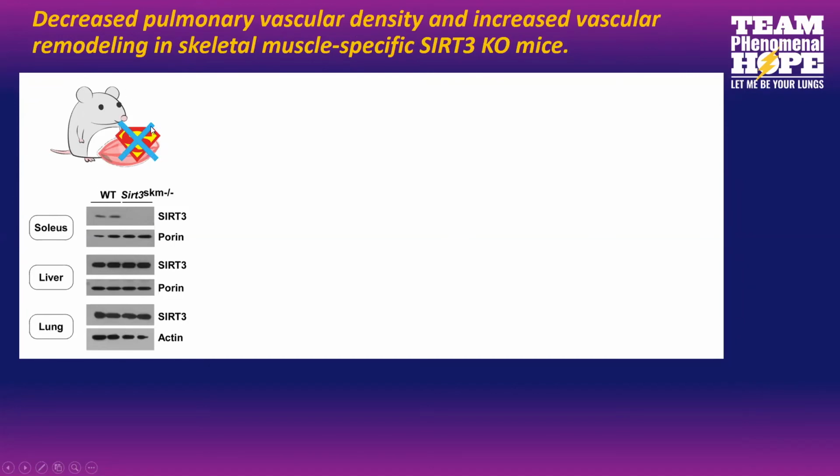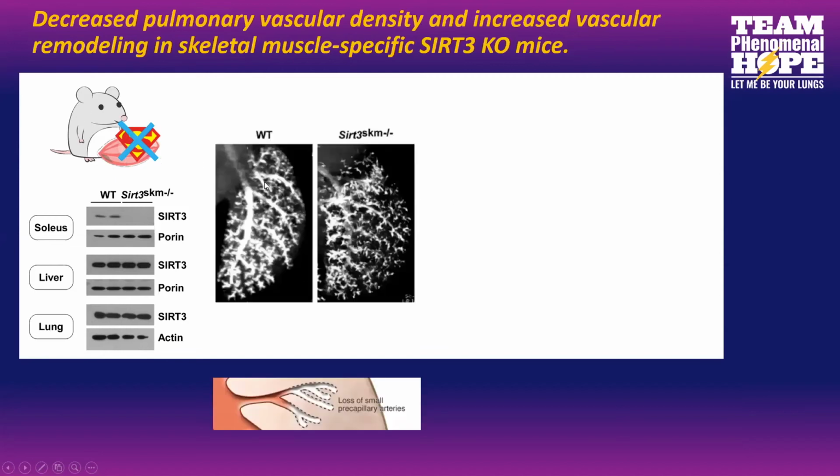When mice don't have SIRT3 in their skeletal muscle, we can see their lung structures from CT scan. You can see that they have decreased pulmonary vascular density, especially the small peripheral arteries.